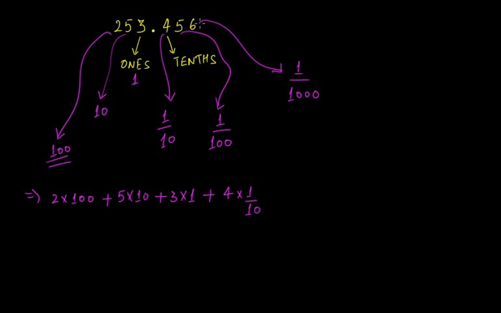This is 5, it is at hundredths place, so this will be 5 times 1 over 100, plus this is 6, 6 is at thousandths place, this will be 6 times 1 over 1000 in terms of their multiplication factor. Okay, then finally when you solve them, you'll get back this number only.